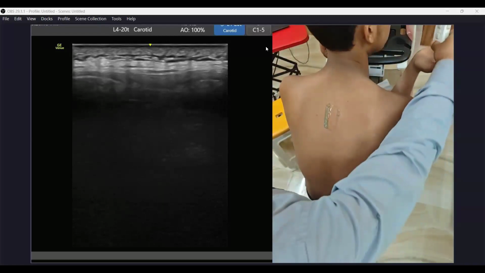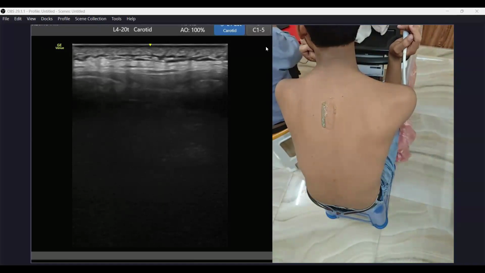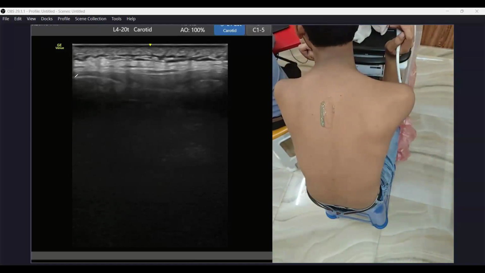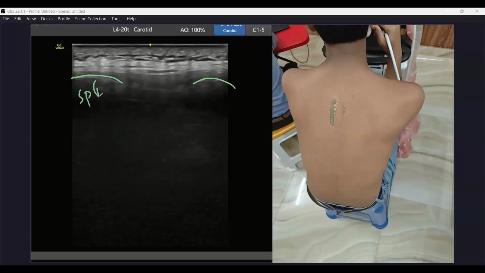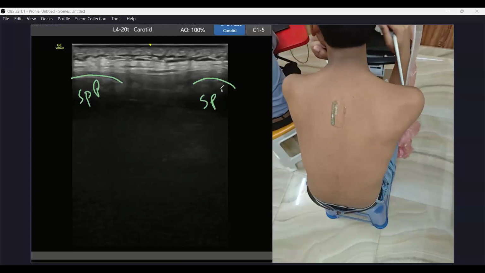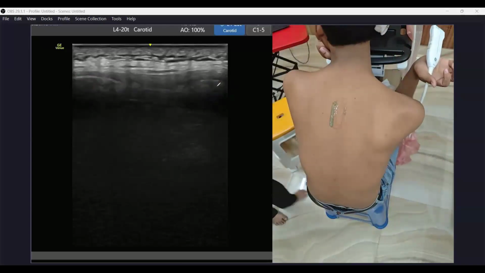I mean, the beams will not just reflect and be received by the transducer. So this is the bony margin. This is the spinous process, and this is also the spinous process. So this is a midline view. So let me decrease the depth and show you.